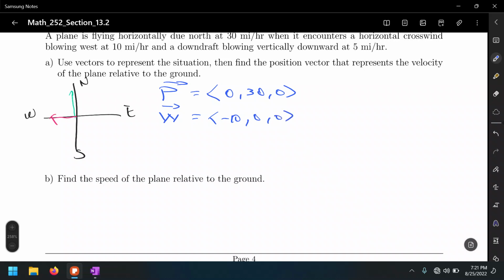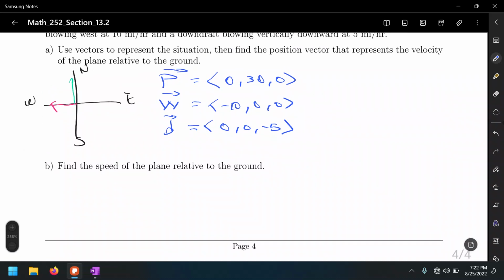And let's assume it's a lightning striking here. Let's call it the downward force. And this is 0, 0, -5 maybe? Negative, right? Because it's going down, it's pushing the airplane down.